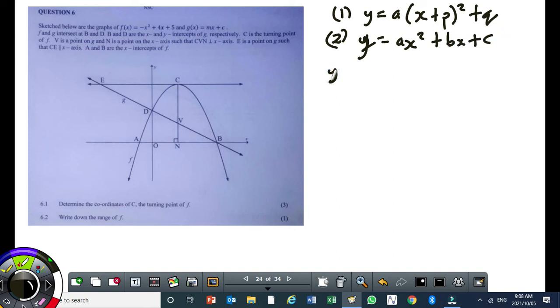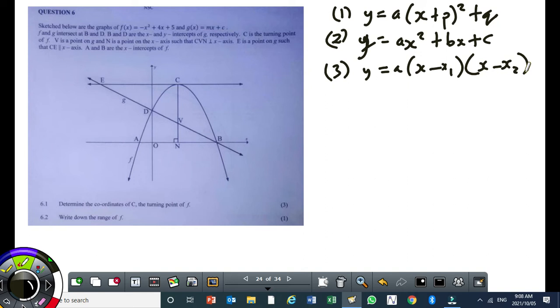And the x-intercept form, which is y equals a times (x minus x1) times (x minus x2). You have to know all three before you enter your math paper one. Some questions you have to switch from one to the next, so you need to be aware of it.